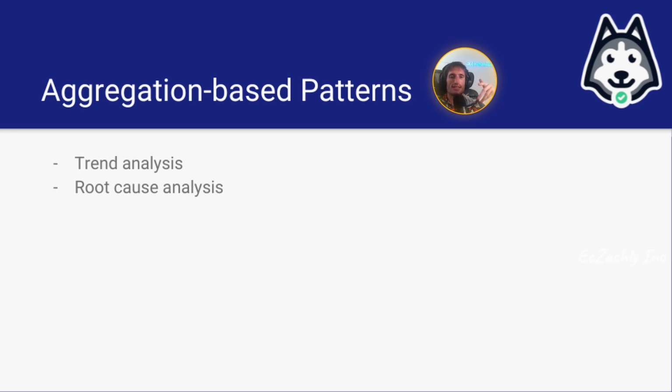So one of the things you can do with root cause analysis is, if you see a certain shift in a metric, you can start bringing in other dimensions to see: is it because of gender? Is it because of country? Is it because of device operating system?